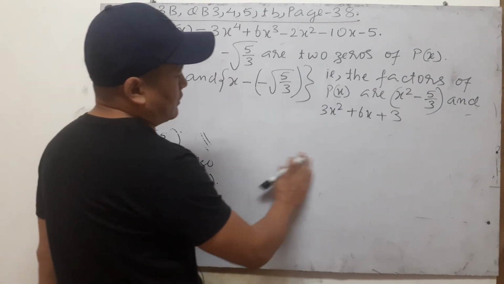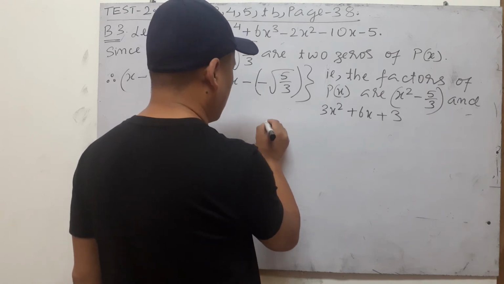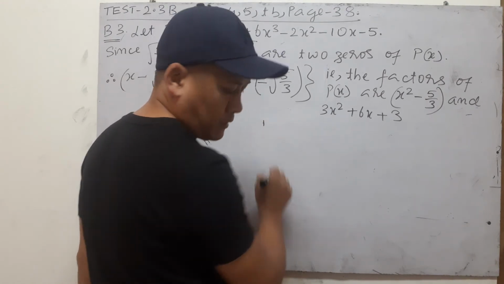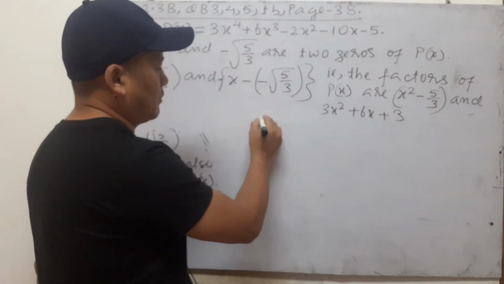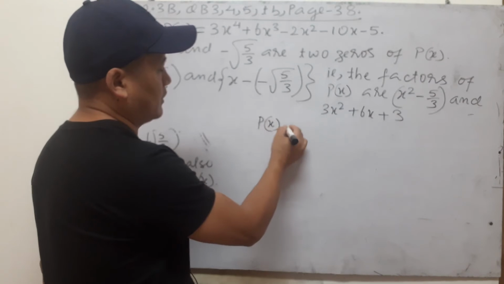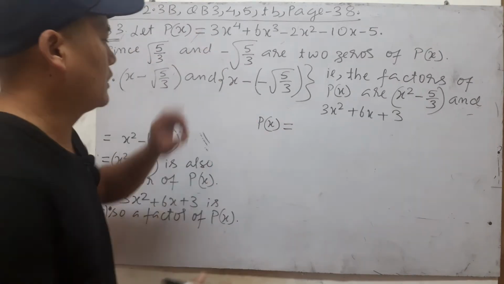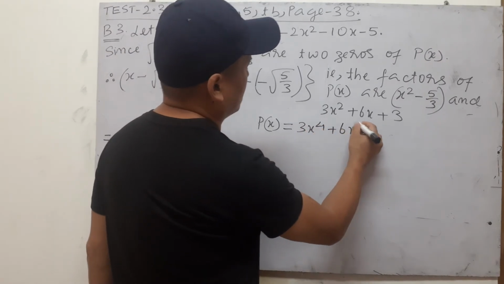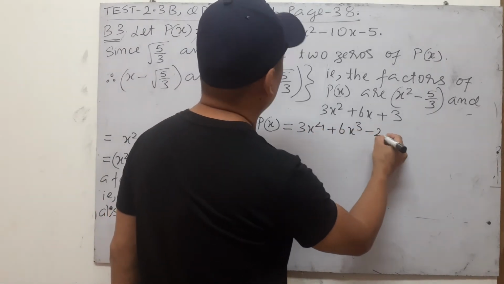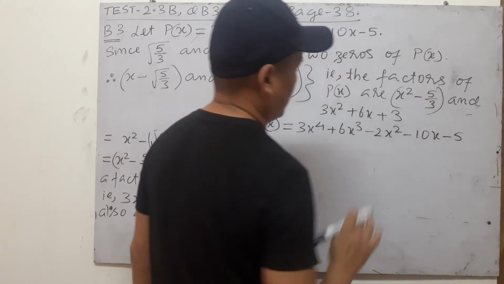Now we can write p of x in the factorized form. p of x is 3x to the power 4 plus 6x cubed minus 2x squared minus 10x minus 5.